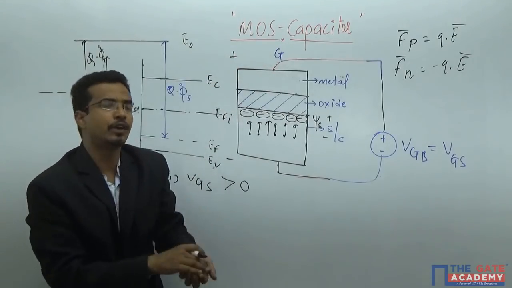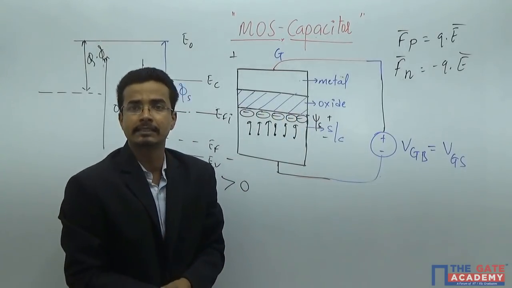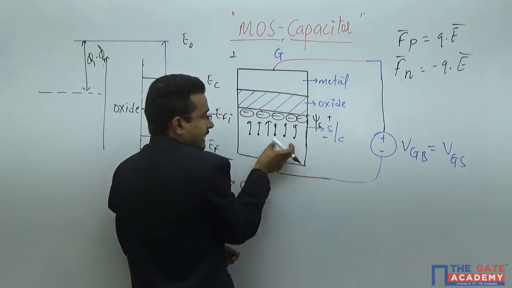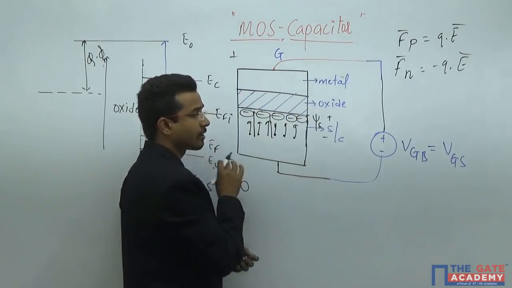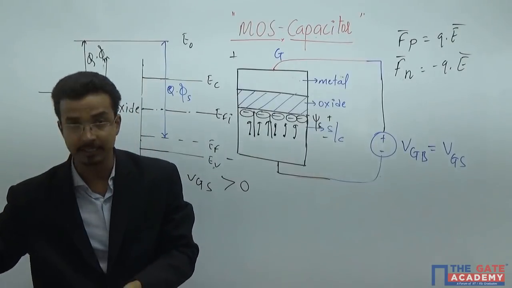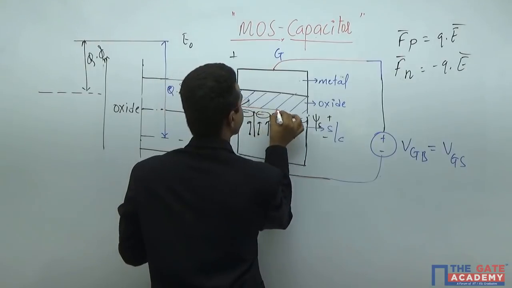The starting electric field will get terminated toward the ions, and if you further increase the electric field, these electrons will get attracted here, and you will get one sheet of charge carriers near the surface.